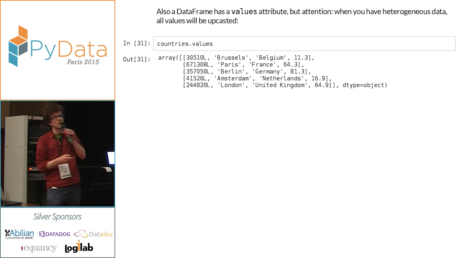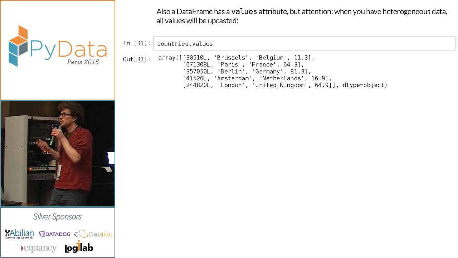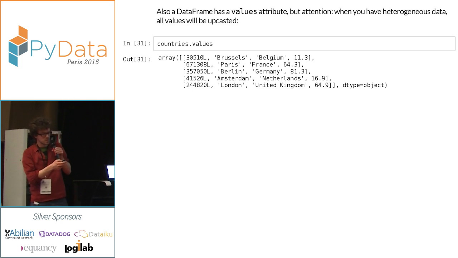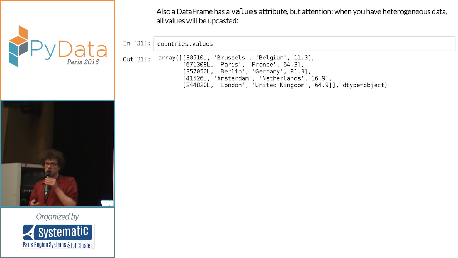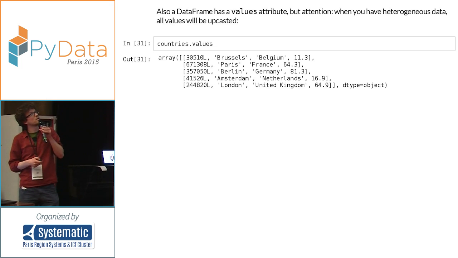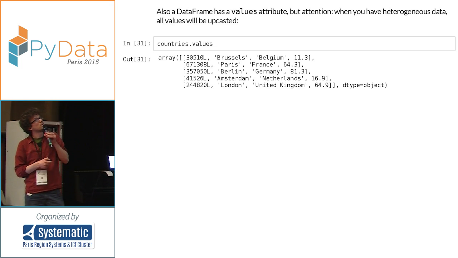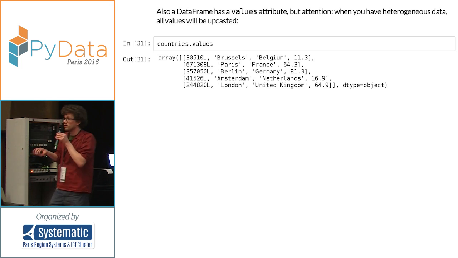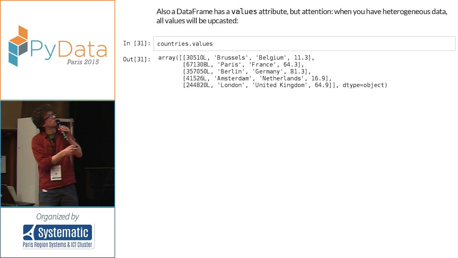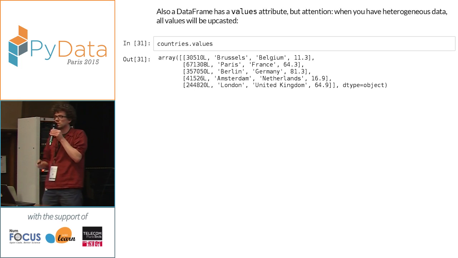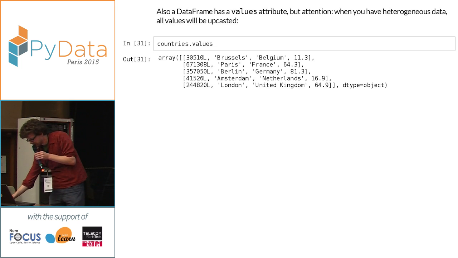And again, you can access the underlying NumPy representation through the values attribute, but beware that if you have heterogeneous dtypes in your data frame, it will be upcasted, in this case to an object array. If you only have, for example, integers in your data frame, the values NumPy array will just have an integer dtype.